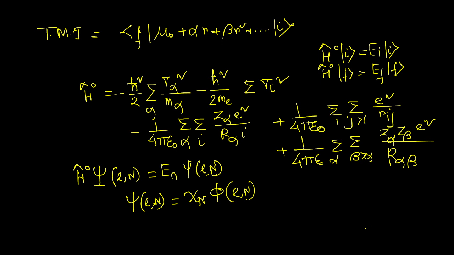So now if we use this, and now if we write the TMI, this now becomes a very big equation.